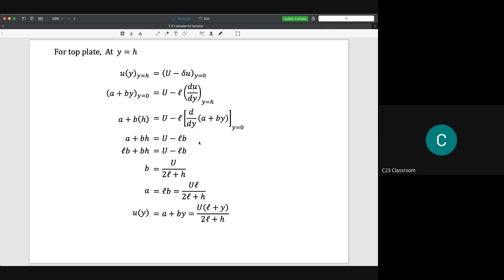If you do all this, you could find that u(y) is equal to a plus by, and it is equal to U times (L plus y) over (2L plus h).